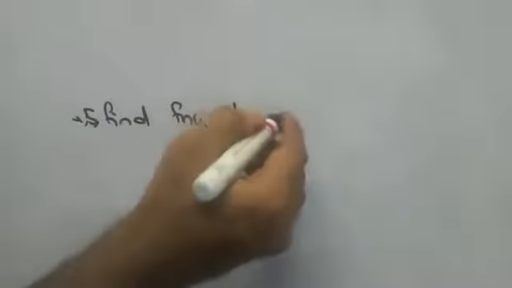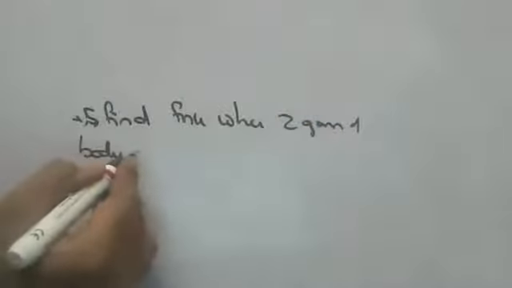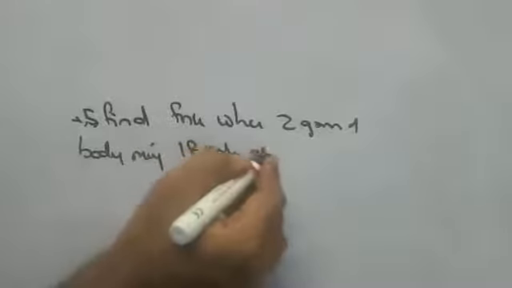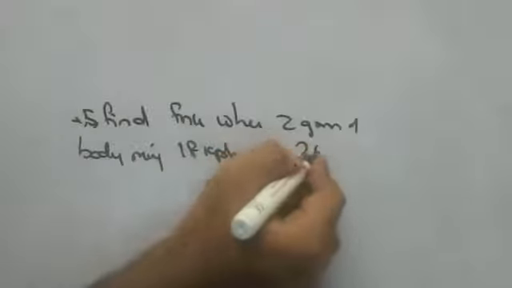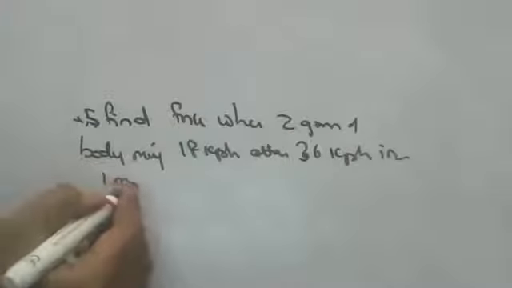Okay. One more question. Find force when 2 grams of body moving with 18 kmph attains 36 kmph in 1 minute.